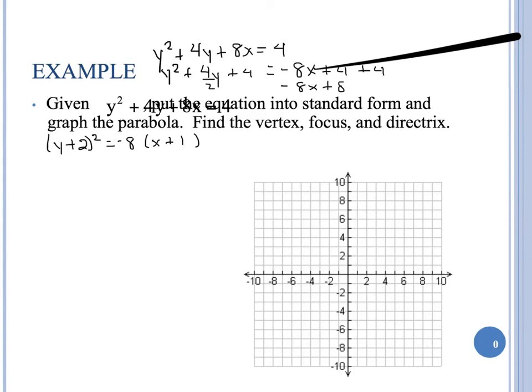And now if I go find the vertex, I find out that x has shifted to the left 1, and y has shifted down 2. Nope. Let's check to make sure I factored correctly. When I factor out negative 8, I would have a subtraction sign in here.